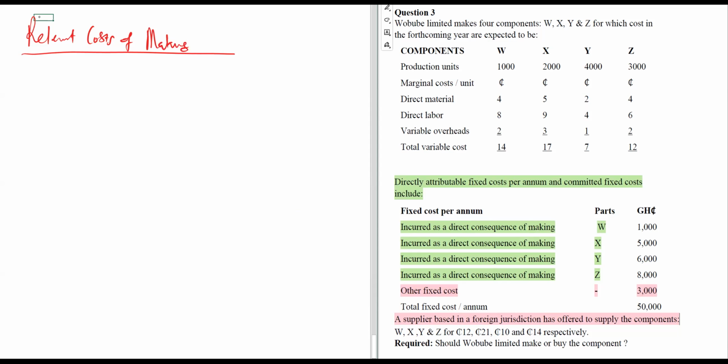So it depends on how you want to go. I'm going to put here W, X, Y, and Z, right? So what becomes our total variable cost? Our variable cost per unit was 14, 17, 7, and 12. I don't want to waste time. I need my total variable cost, meaning I'll take my variable cost per unit and multiply by the number of units.